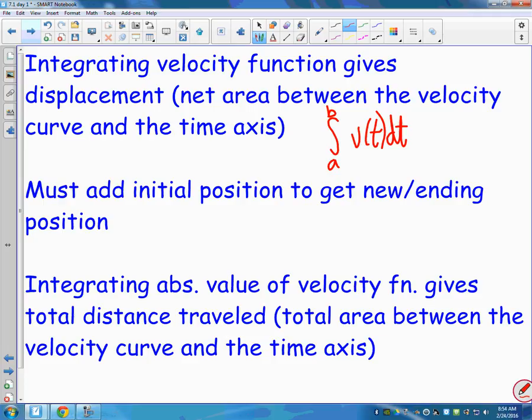If you want to find the new position, if they don't want to know just what happened from A to B, they want to know where the particle is now, you have to add in that initial value. So that's S of 0 plus that.